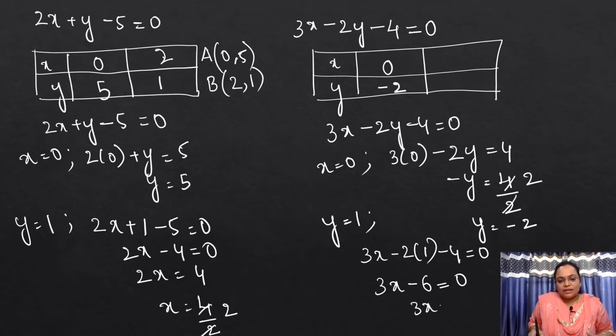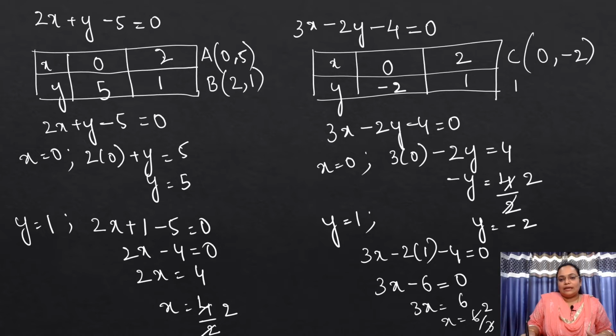So, 3x is equal to 6. I am just sending minus 6 to the RHS. So, x is equal to 6 by 3, which is 2. When y is equal to 1, you will get x is equal to 2. So, we can take these points as C of 0, minus 2 and D of 2, 1.